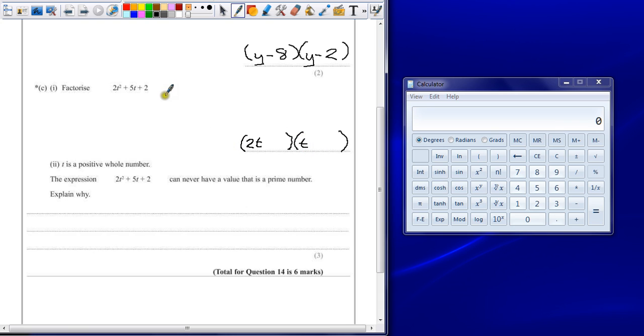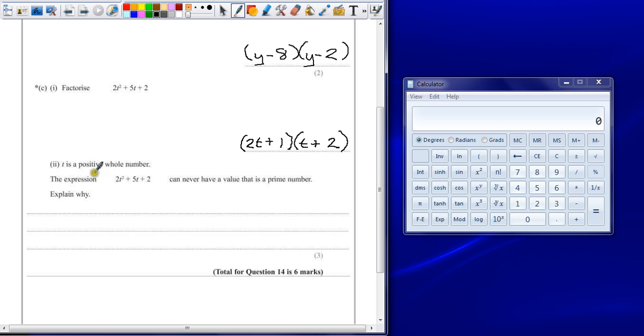Now that gives us a 2t squared. Now if we look for two numbers that multiply to give us 2, well, that's got to be 1 and 2 because 2 is a prime number. To get that 5t, it means we're going to have two lots of the t, which means 2 goes in this bracket and 1 over here. Again, just keep trying and erroring until you manage to find the right combination.